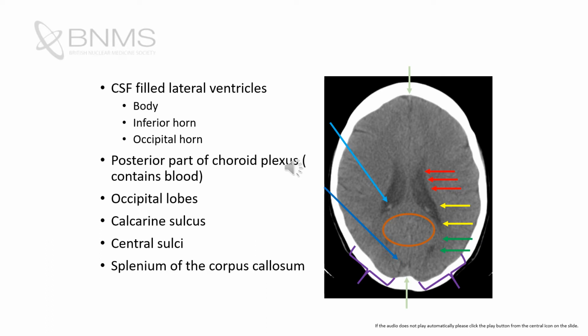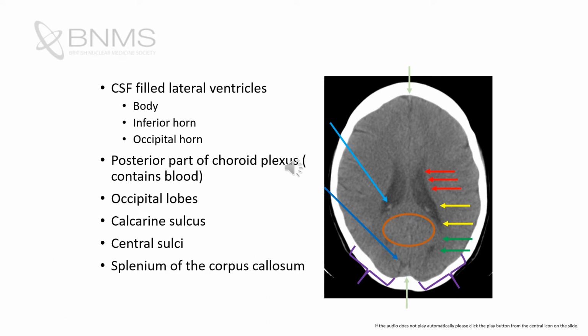If you click, the light blue arrow will indicate the site of the choroid plexus within the posterior aspect of the body and inferior horn of the lateral ventricles. These are slightly higher attenuation than the remaining brain due to the high density of blood.